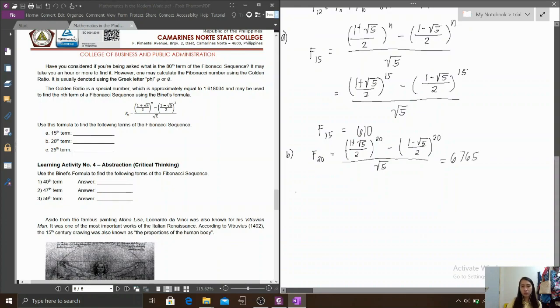So, this is equal to 6,765. So, for letter C, we have f sub 25. So, this is 1 plus square root of 5 over 2 raised to 25 minus 1 minus square root of 5 over 2 raised to 25, and all over square root of 5.